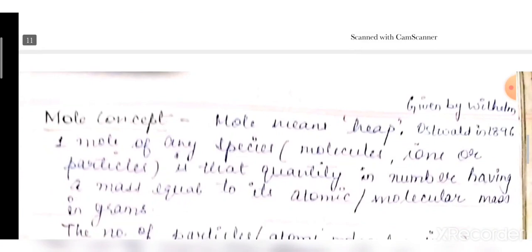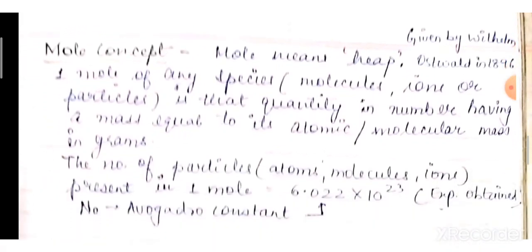Next we should discuss mole concept. This is a very important topic. Mole means heap. Actually the word mole means a heap of anything, heap of atoms, heap of molecules, ions, or any such thing.